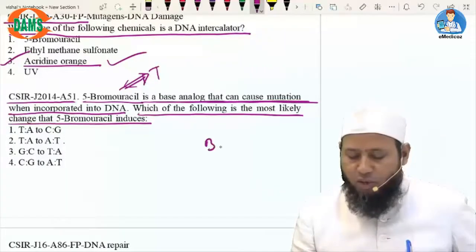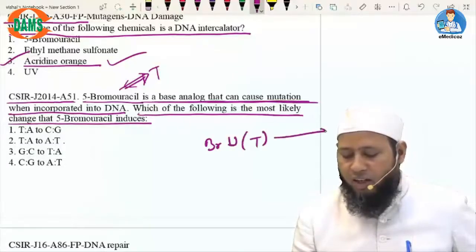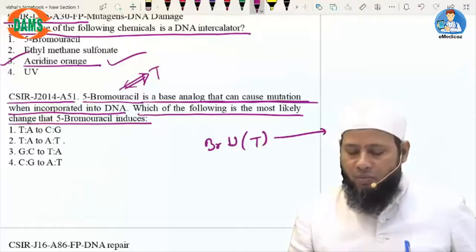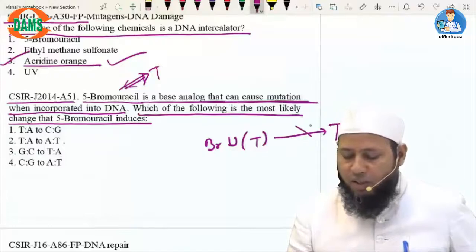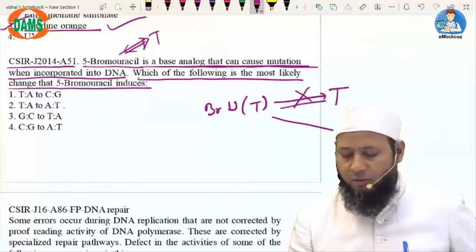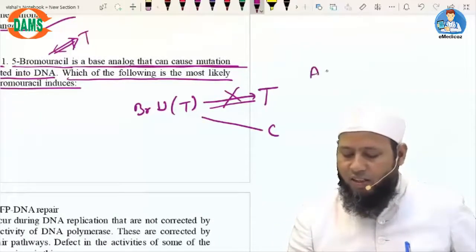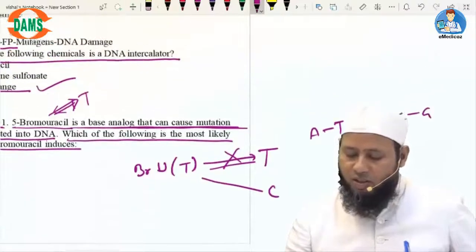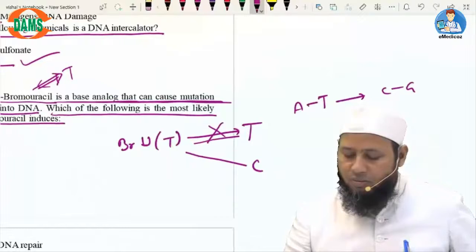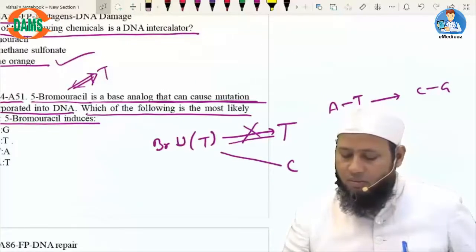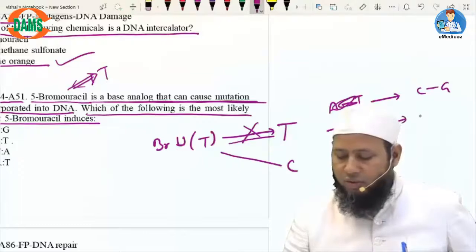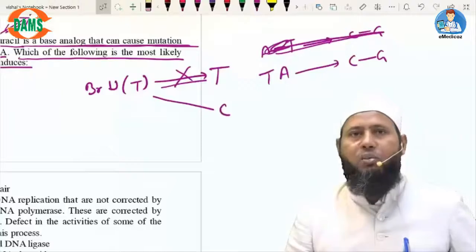As I said, bromouracil generally behaves like T, though it is an analog of T, but it does not base pair with T. Rather, it base pairs with C. And because of that, your AT base pairs convert into CG, or say your TA base pair gets converted into CG.